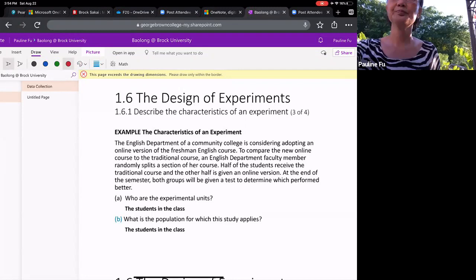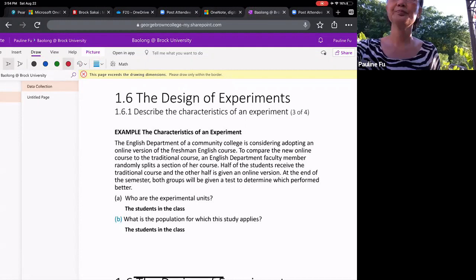So in this definition, we have explanatory variable, that is our X, and response variable, that is our Y. Okay, so an experiment is a controlled study to determine the effects of X on Y. Any combination of the values of the factors is called a treatment, meaning different X values are the treatments.